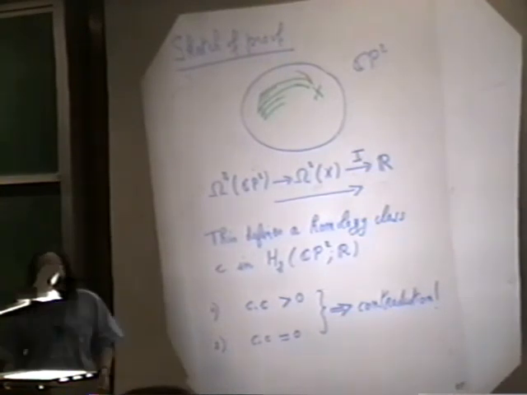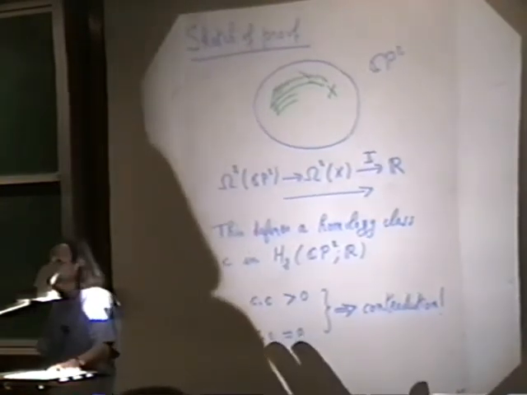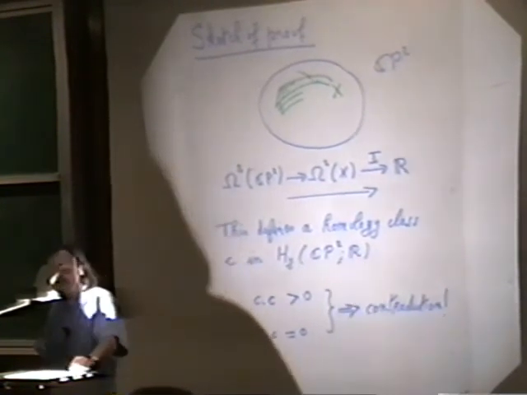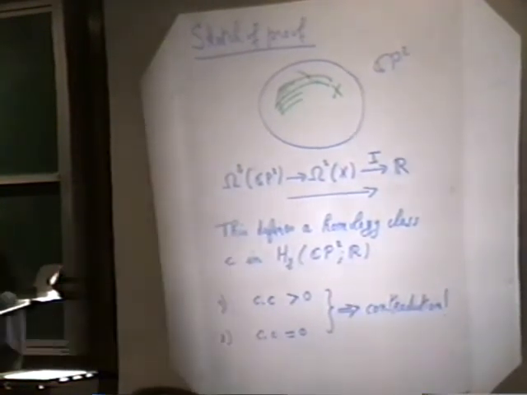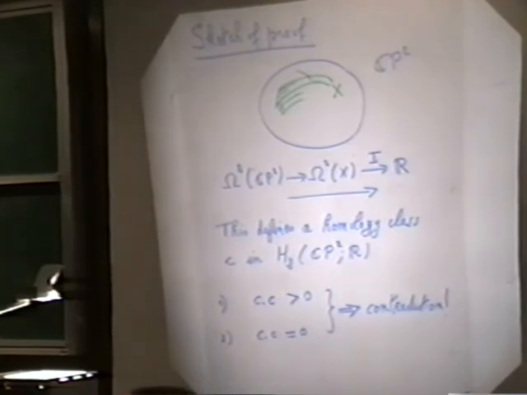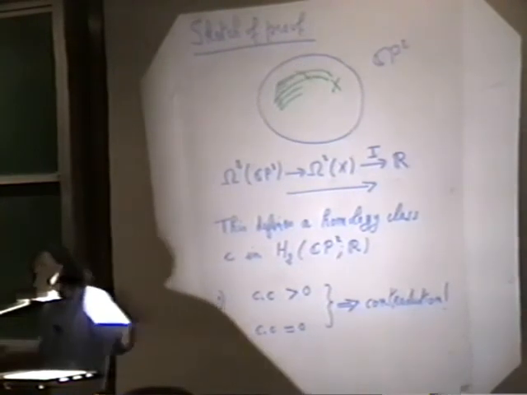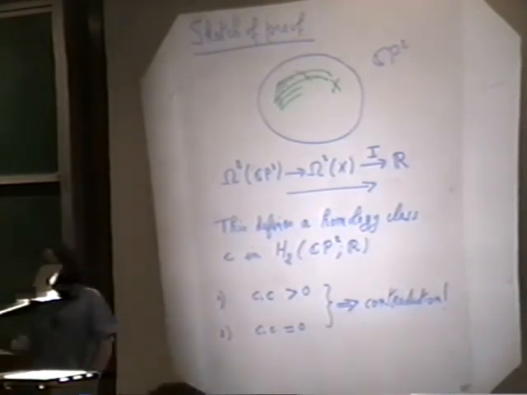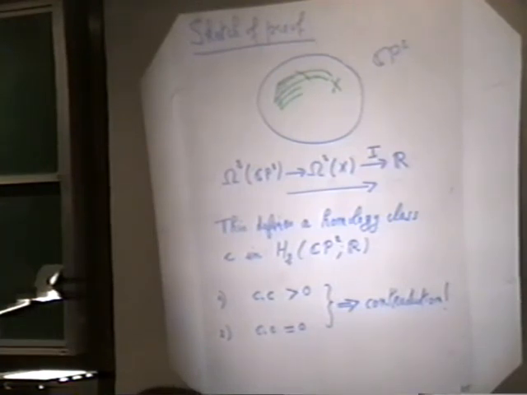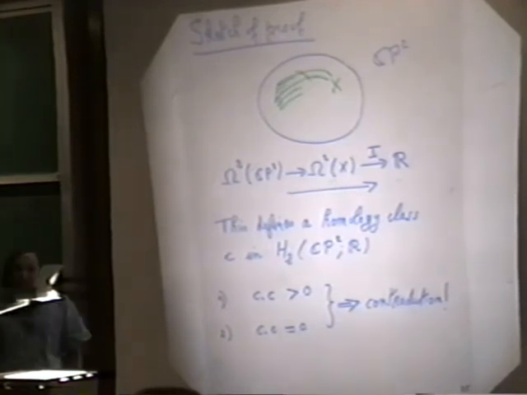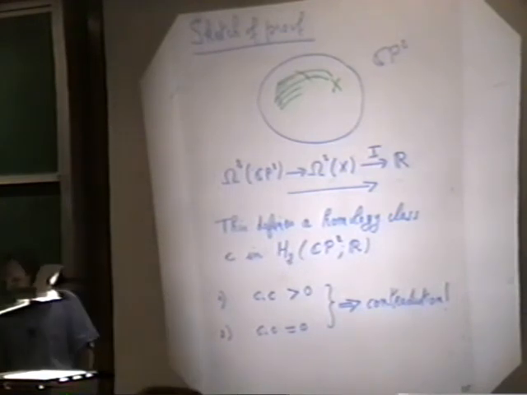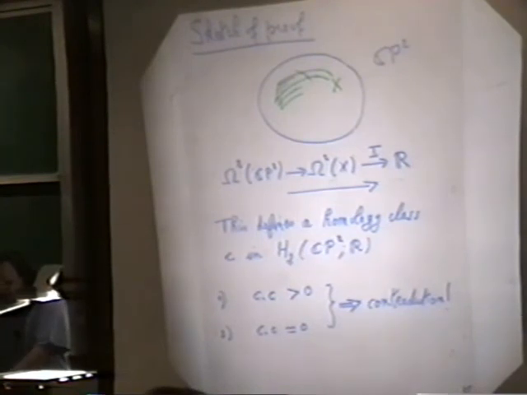So what you really get is a homology class in CP2. Call it C. This is a homology class, or a cycle, if you prefer. Then the proof will be by contradiction. We will show first that the self-intersection C intersection C is positive, and then we will show that C intersection C is 0. But that's a contradiction. And the way of doing it is not difficult, just looking at the picture.